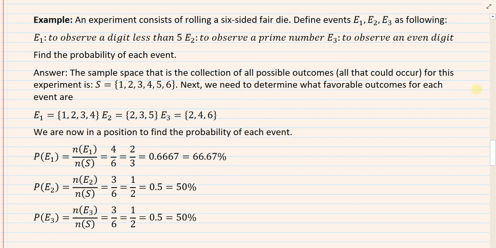And the next 2 events each have a probability of 50-50 shot at it. Okay. And there you have it. Now notice, by the way, events E1 and E2 have common outcomes. In fact, E1, E2, E3, all of them share a common outcome.